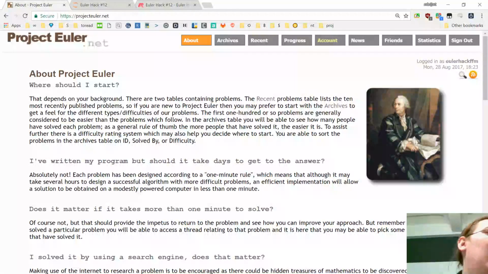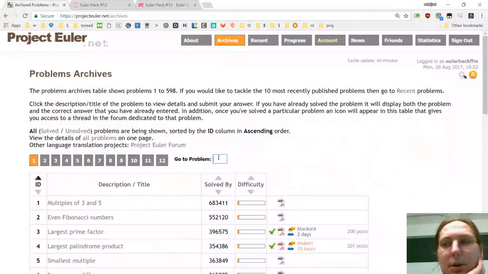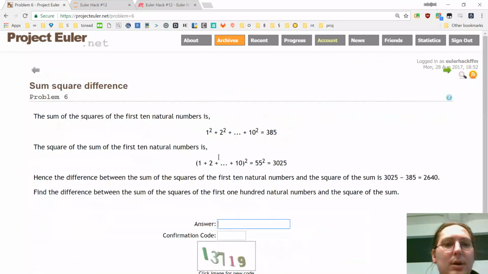Das ist nicht noch eine Maus. Na, nicht. Was war das mal? 6. Die Summe der Quadrate. Nee, Square Difference.